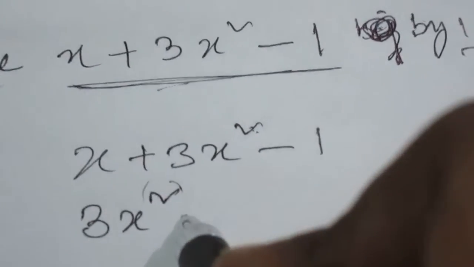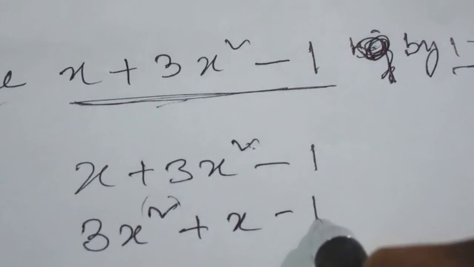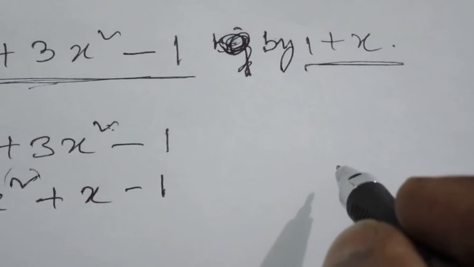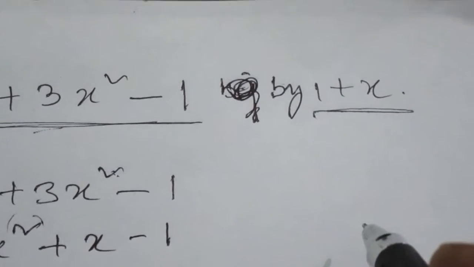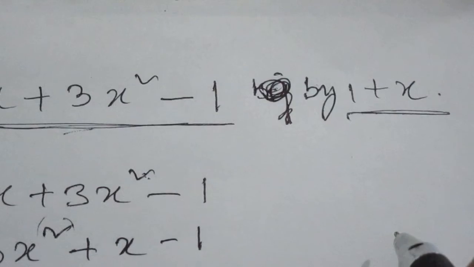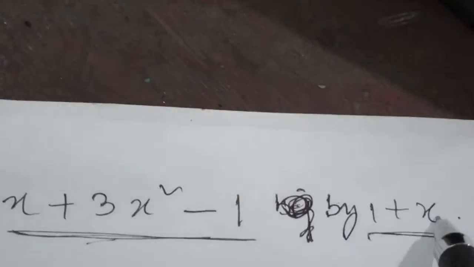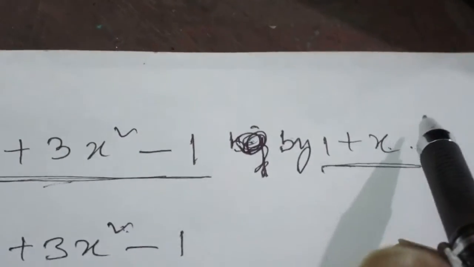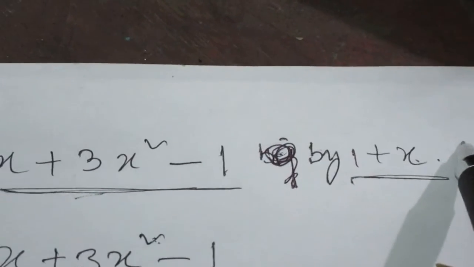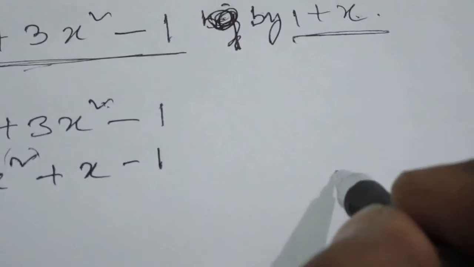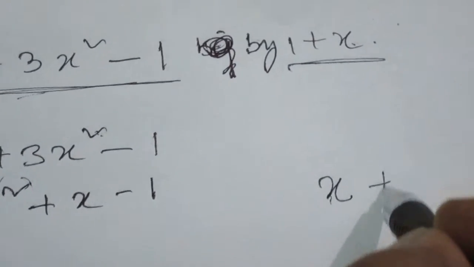3x square plus x minus 1, and here also, 1 plus x. What is the degree of this polynomial? The degree of the polynomial 1 plus x is 1, because the variable has the highest power 1. So first we have to write x plus 1.